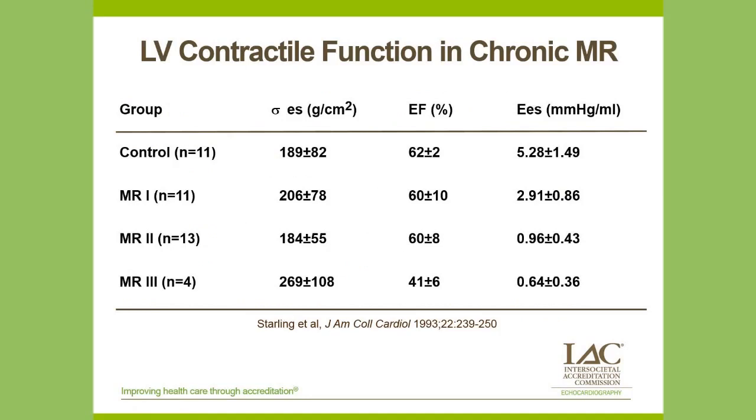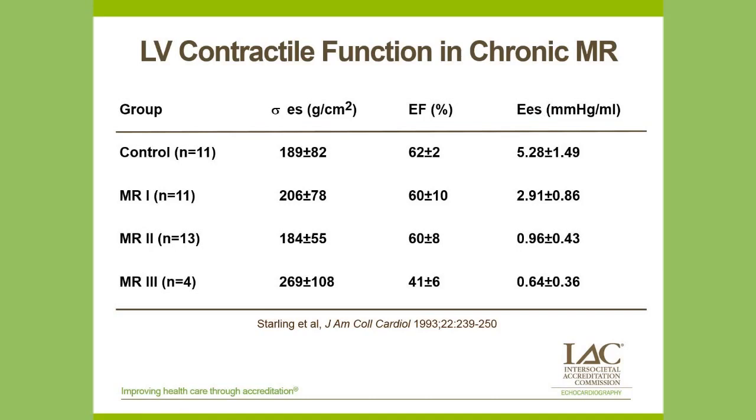This is a study that was done a long time ago, 25 years ago, by Mark Starling at University of Michigan, and he looked at normal controls and 3 different groups of MR. And what I want you to focus on is this far right panel, which is end-systolic elastance. This is a load-independent measure of LV contractility, and you see that it's about 5 in normals.